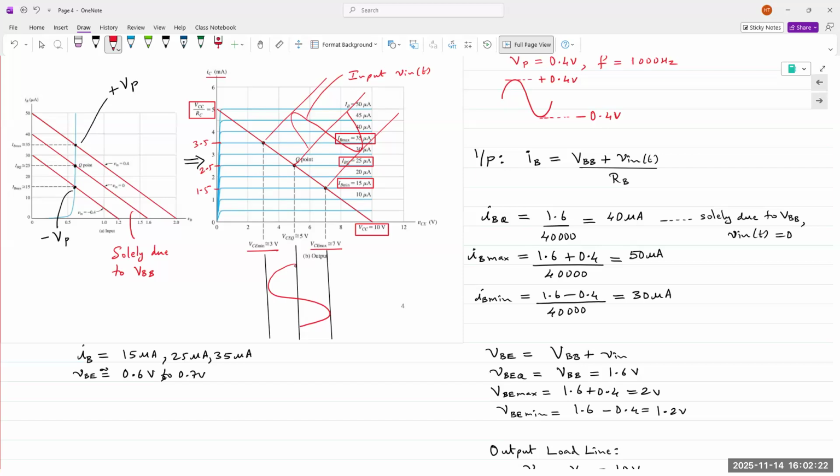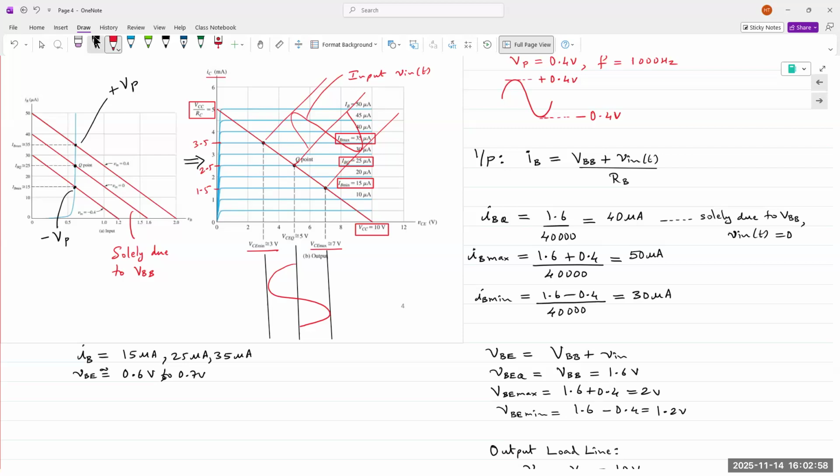Your VBE only swings between 0.6 to 0.7. Your input current IB only swings between 15 microamps and 35 microamps, versus my output collector current going from 1.5 milliamps to 3.5 milliamps, 100 times. And my output VCE swings between 3 volts and 7 volts. So my output is amplified, but it is also inverted. Plus, it has a DC component or a DC offset to it.